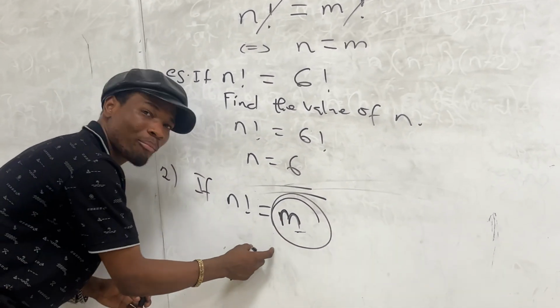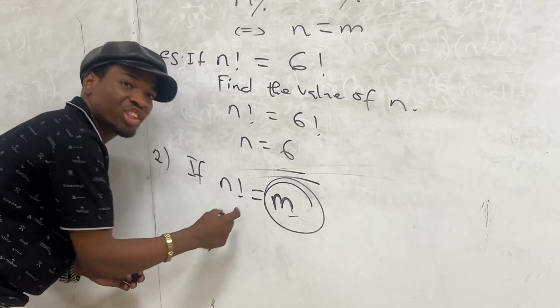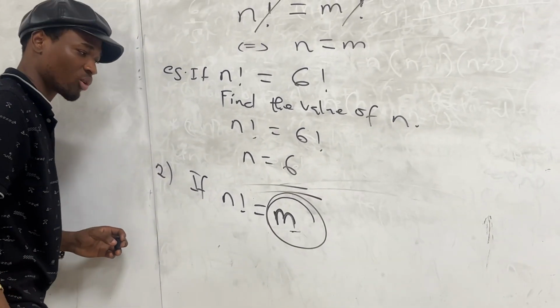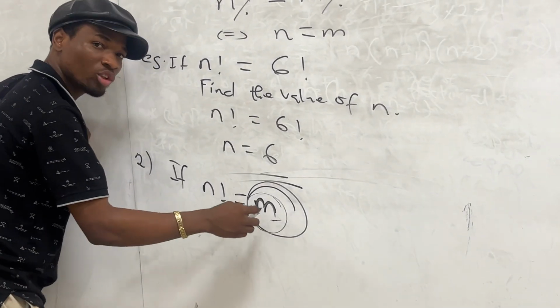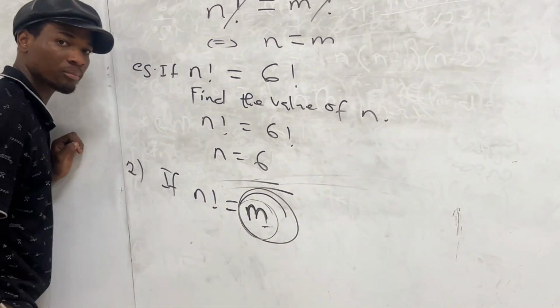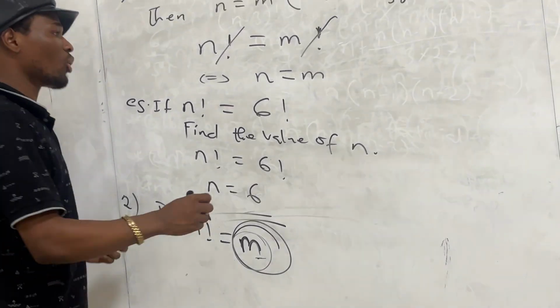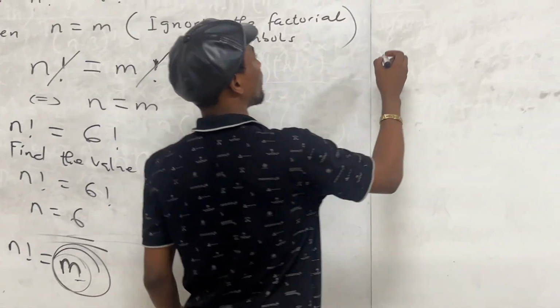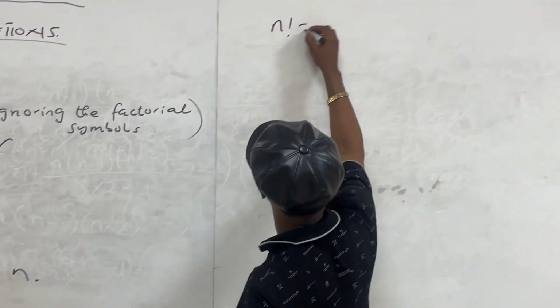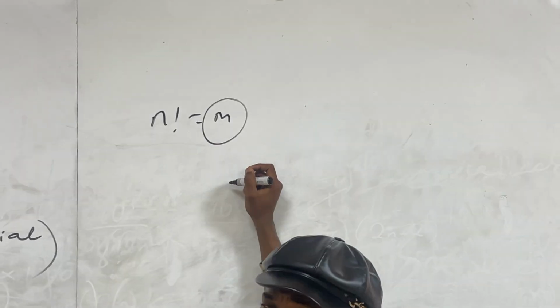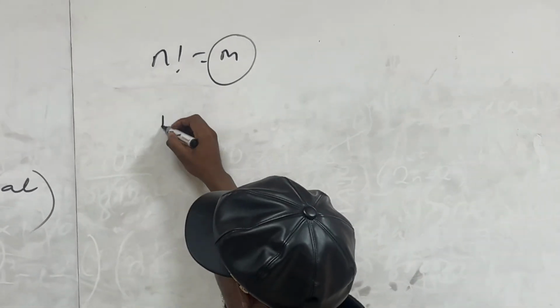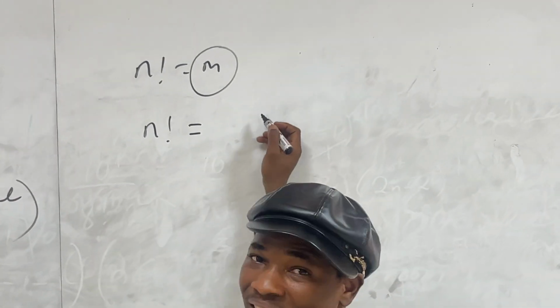I'll give you an example for you to appreciate: n factorial equal to m. In other words, we are going to convert m into factorial form. So, n factorial equal to m. We need to convert this to the factorial form. Let's say I have n factorial equal to the number 6.